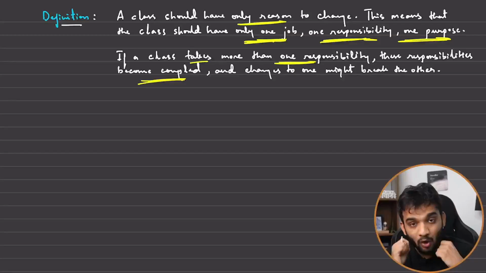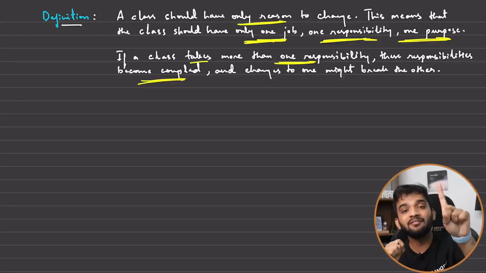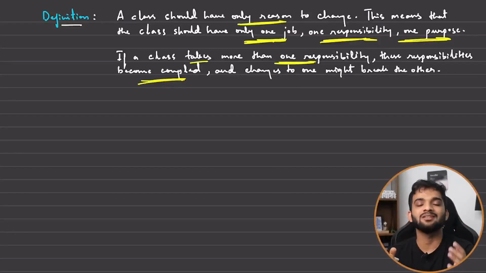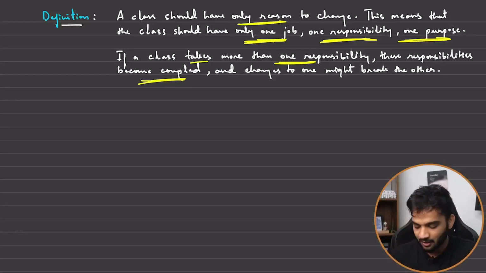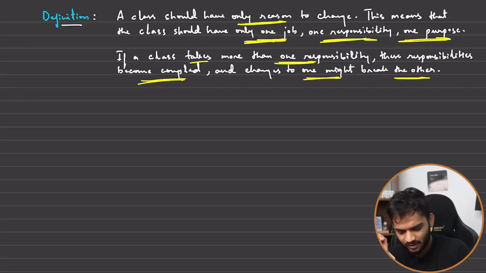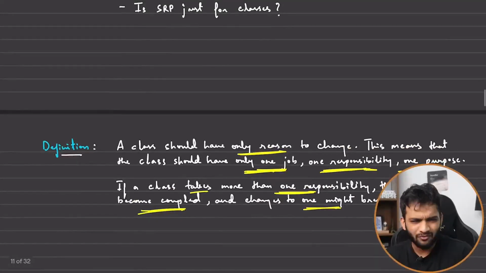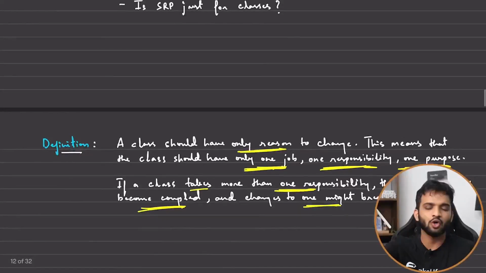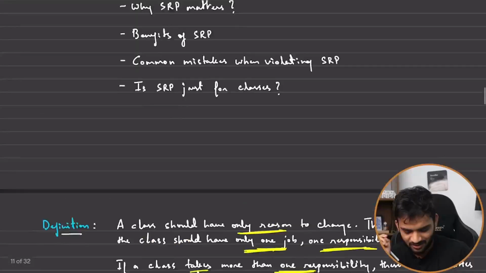So it's very important that you align one responsibility to a single class, and that is what determines SRP, because changes to one might break the other. So that was the definition. It's very straightforward. A class should have one responsibility, one job, and one purpose.